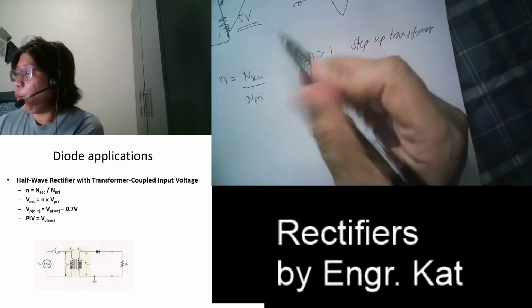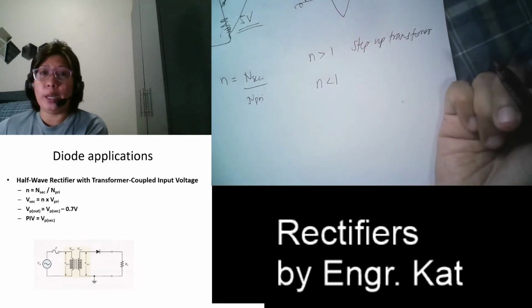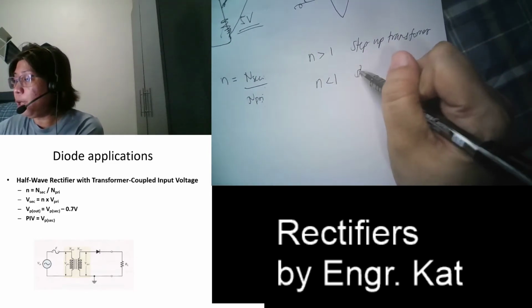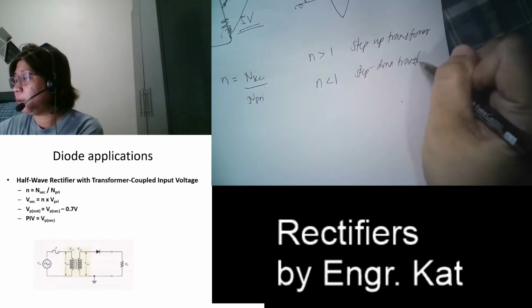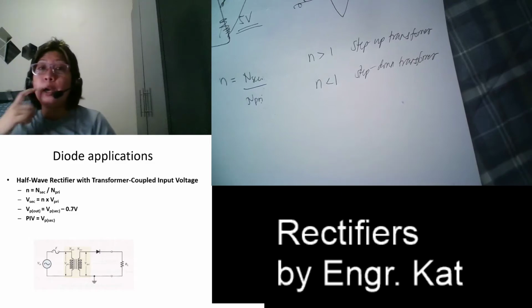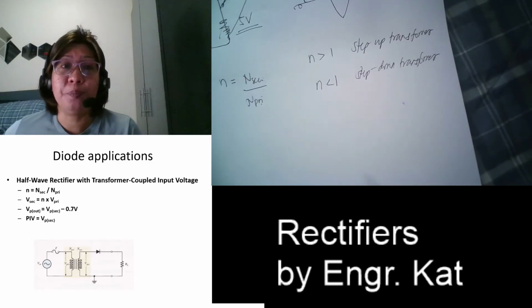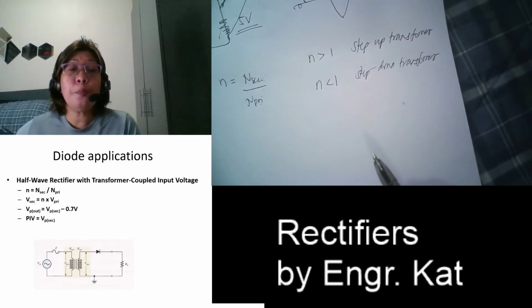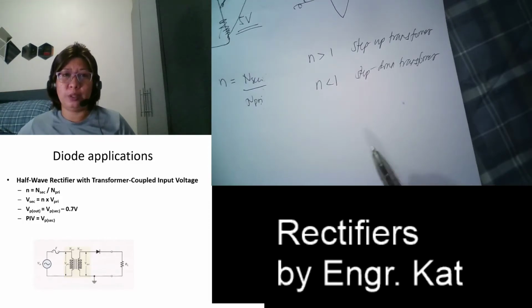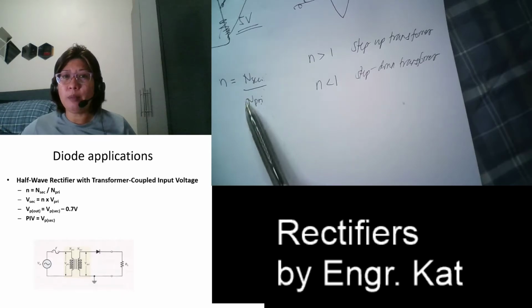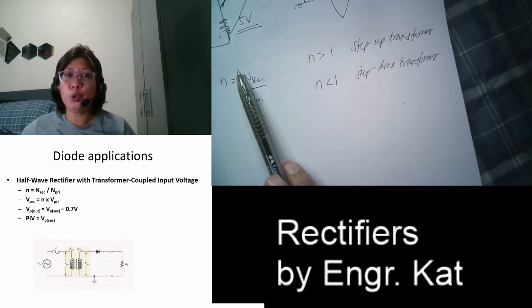Now, when our N is lesser than 1, that means we are using a step-down transformer. That means our primary voltage is greater than our secondary voltage, since N is less than 1 because the denominator is greater than your numerator.